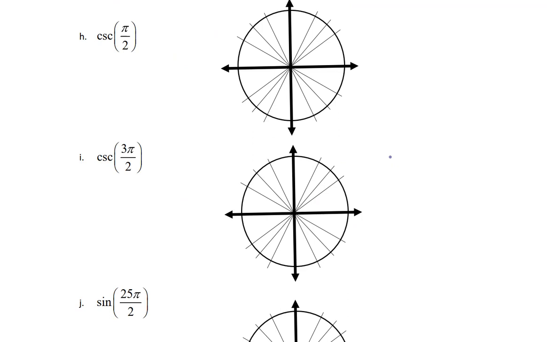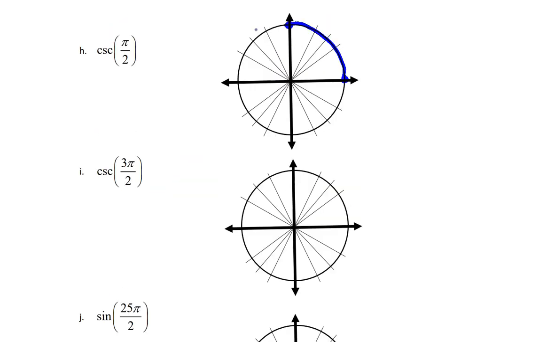Let's keep going. Next we'll do cosecant of pi over 2. Well, this time our input is positive pi over 2, which means we're starting at the point 1, 0 on the right side, and we're increasing positively, so now counterclockwise up to the top of the circle. That's where pi over 2 would be according to our special fractions. And then the terminal point coordinates up there would be the point 0, 1.